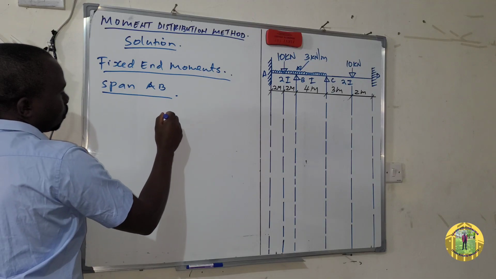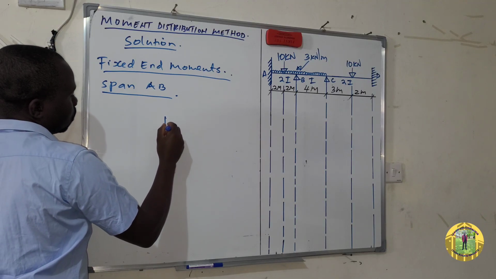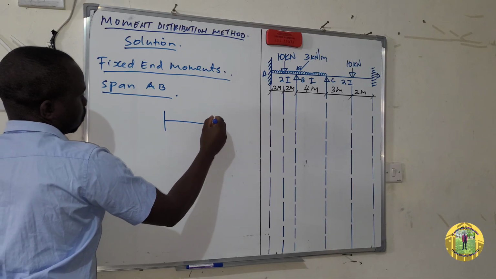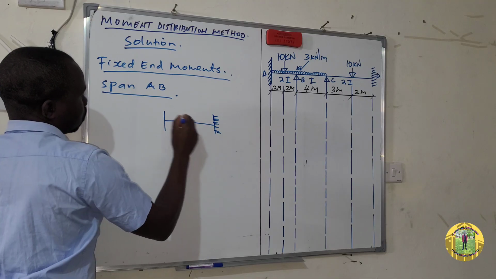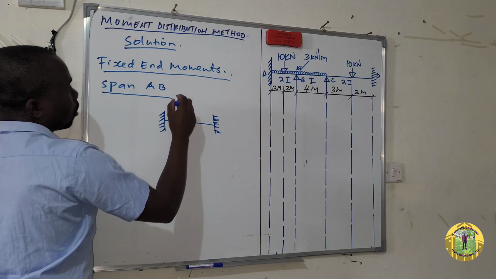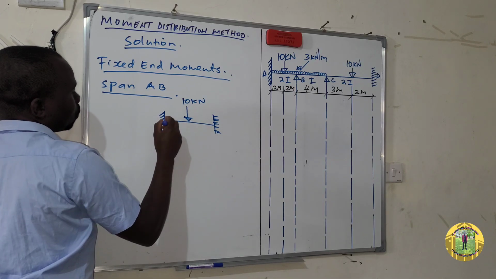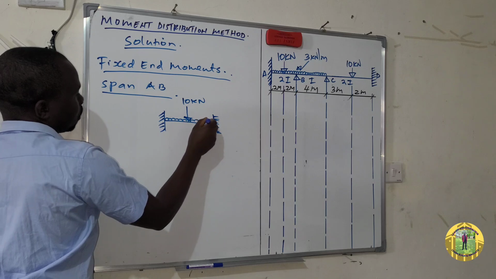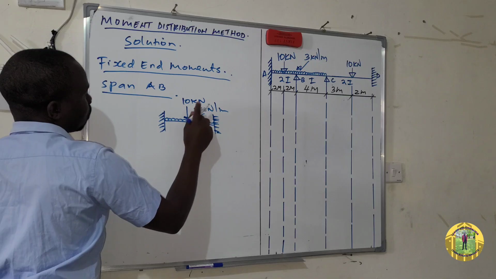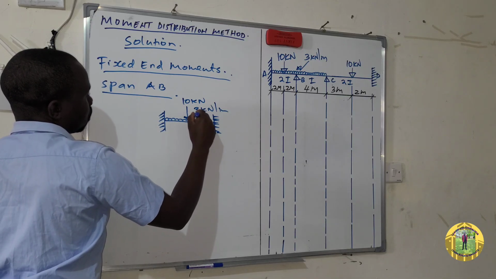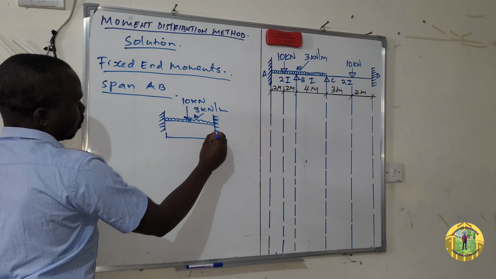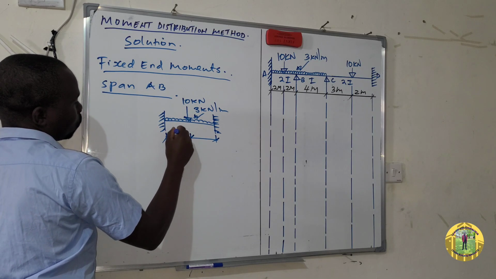Here is the point load of 10 kilonewton and a UDL of 3 kilonewton per meter, with 2 meters, 2 meters.